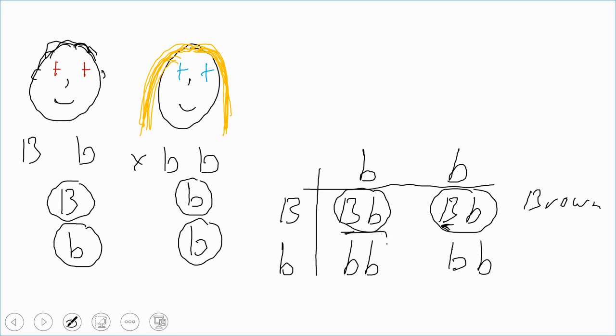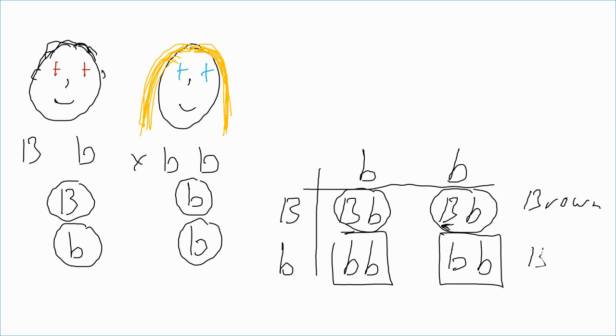These two along the bottom both have no capital B, therefore they only have the small b's, which means these two are blue eyes. So we can say that 2 of them have brown eyes and 2 of them have blue eyes. That's a 2 to 2 ratio, or else we can call it a 1-to-1 ratio. And that's what can happen with brown-eyed people and blue-eyed people.